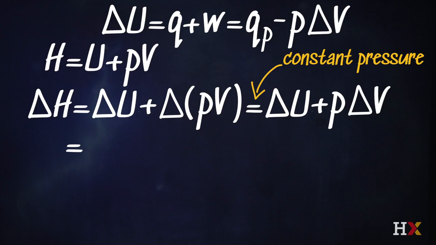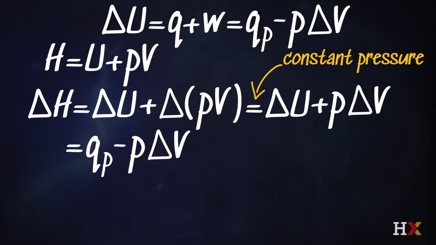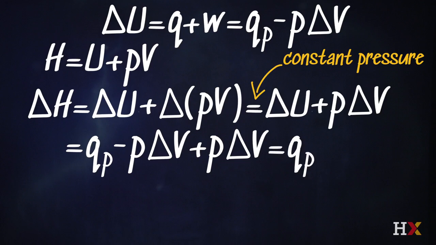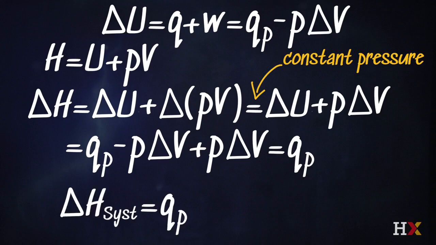All right, but we know what delta U is, so let's substitute that into the equation. Delta U is equal to Q released under constant pressure minus P delta V, but then we have the plus P delta V term from the definition of delta H at constant pressure, and lo and behold, that gives us the heat release at constant pressure. So that means that delta H, the change in enthalpy, is simply the heat release at constant pressure.